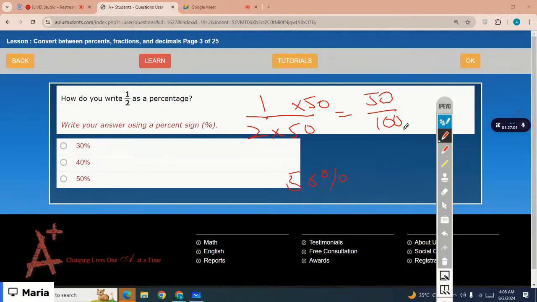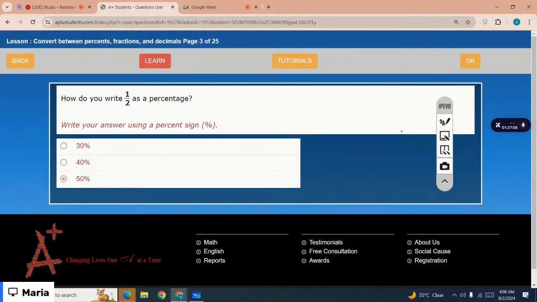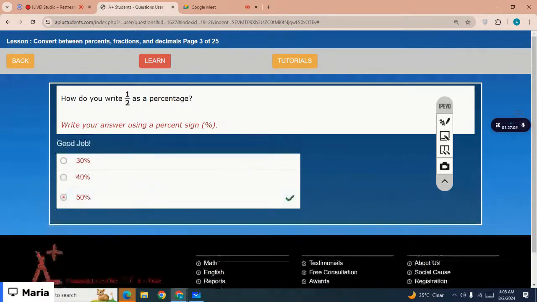Yes, so 1 by 2 equals 50%. The correct option is 50%. Option number 3 is the correct option, right?